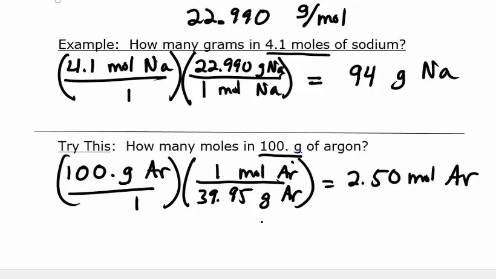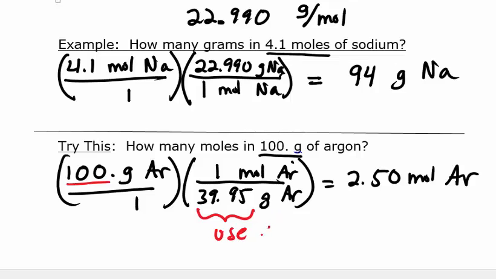One thing to note is that you do often have a choice of different periodic tables or different numbers of digits in the molar mass, and it's important to make sure you use at least one more digit than the number you are converting. Our number we're converting, 100, has 3 sig figs, so make sure you use at least 4 in your value for the molar mass.